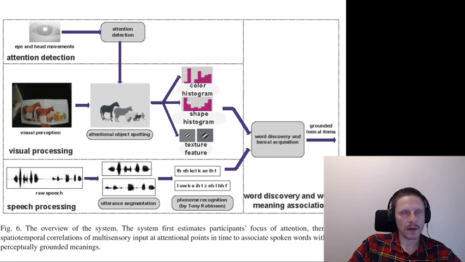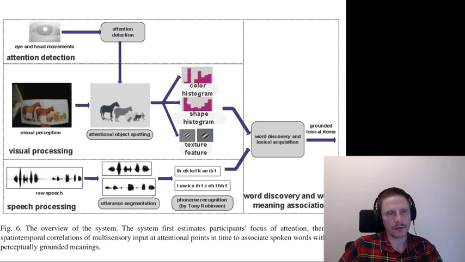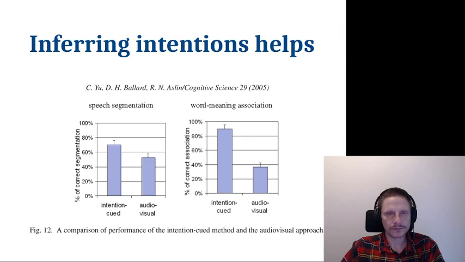Eye and head movements are used as clues towards figuring out which part of the scene is being attended to by the speaker, so that the model can also attend to it. Then these two modalities come together. There is this module which does word discovery and lexical acquisition. This is roughly similar to what we saw before, except there is a slightly different technique, but based on a similar type of input.